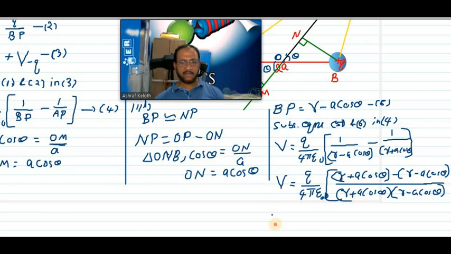The final equation becomes: electric potential at the point, net potential V is equal to Q by 4 pi epsilon naught, numerator 2A cos theta, divided by the denominator R square minus A square cos square theta.